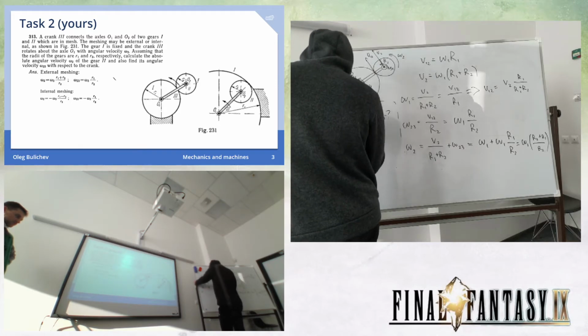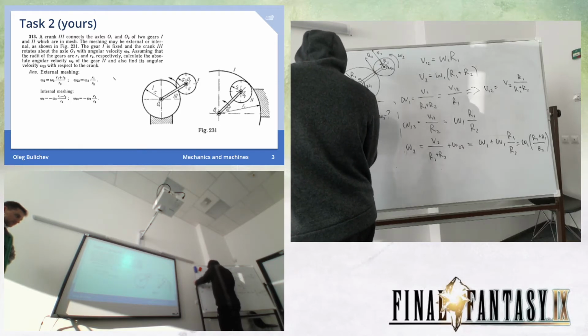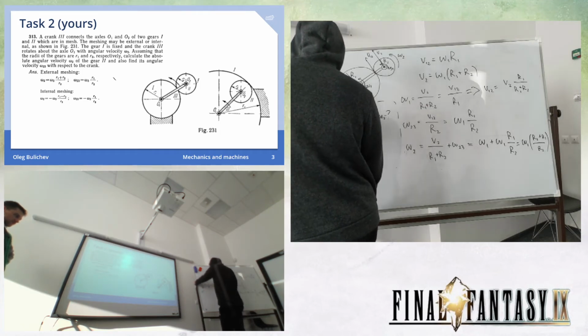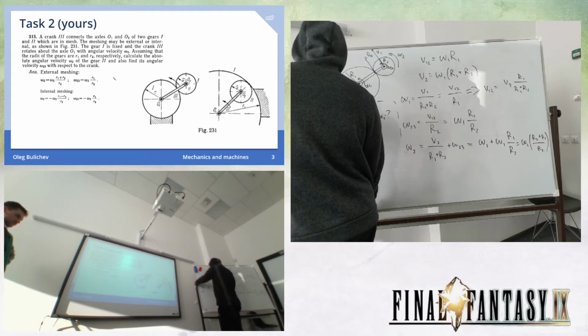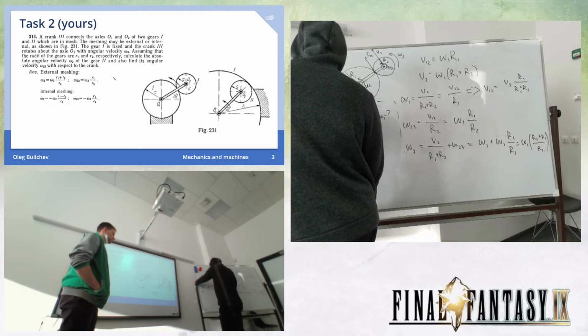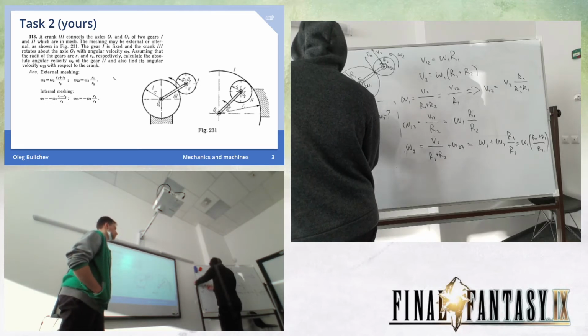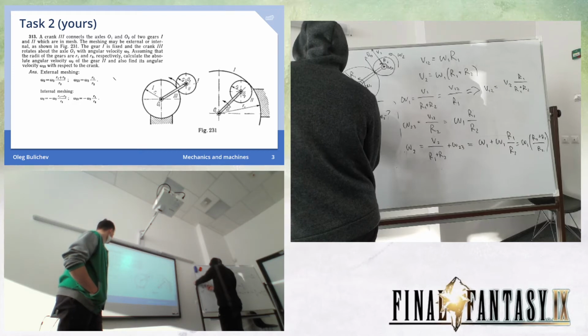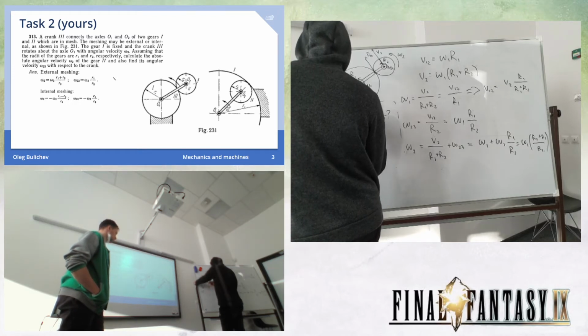One second. Fix this. So now V1 star. We'll have V1 star equal to... We'll have also the angular velocity of the crank, right? So the angular velocity of the crank is just omega.